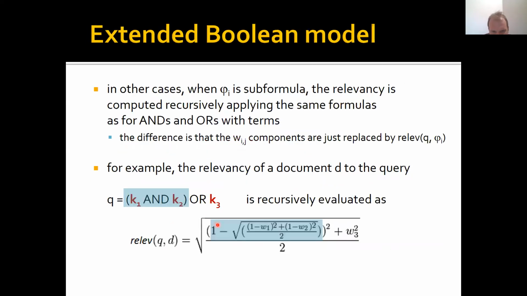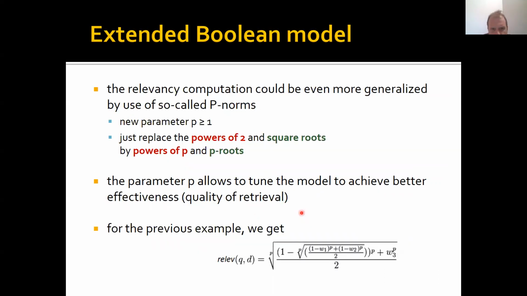By default here we have 2, the square root and power of 2, but we can have P roots and powers of P. Using different P's, we can get different levels of precision and recall if we evaluate. So we have one more parameter to tune the model. This is the more general form with the P's here and not just 2.